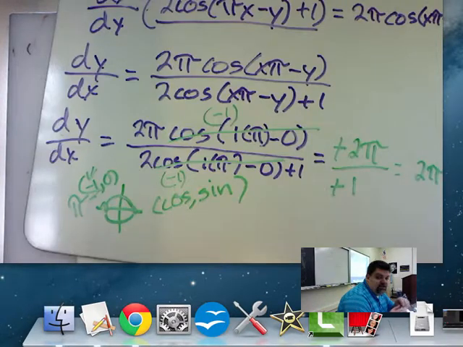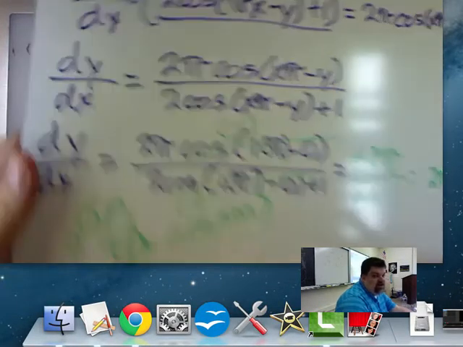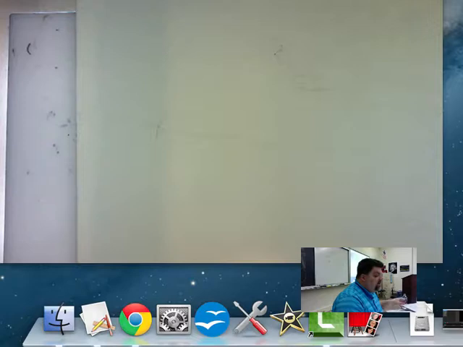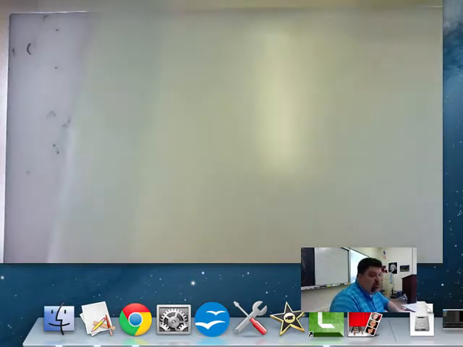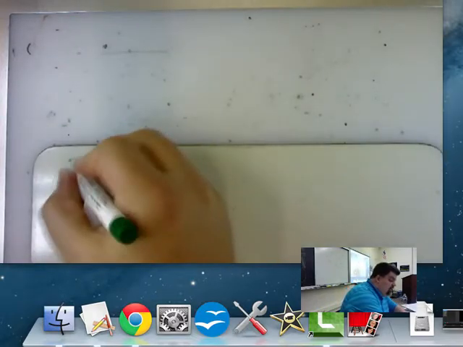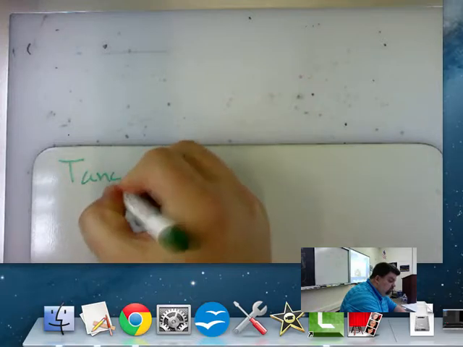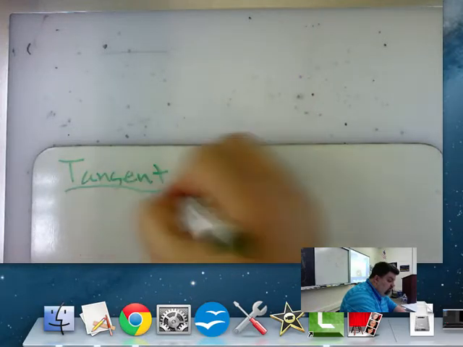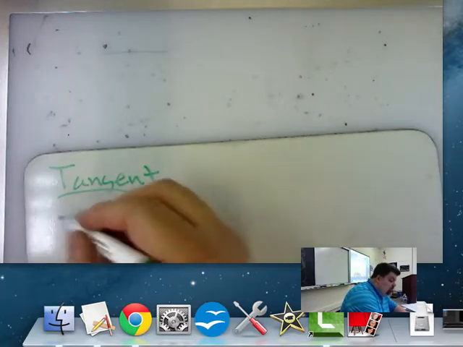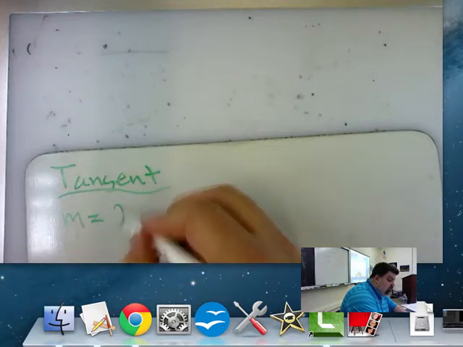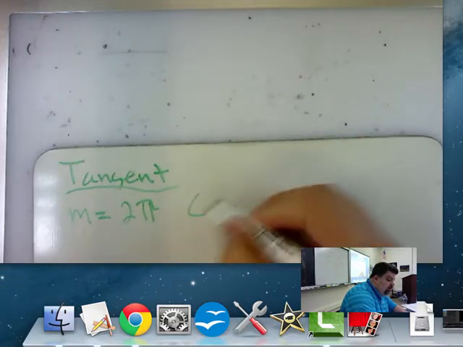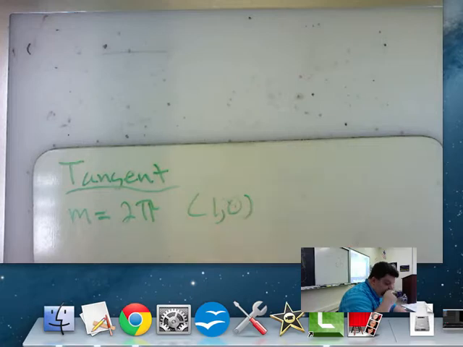So here's the beauty of this thing. What were we supposed to do? Find the tangent and normal. So now that we've got the slope, we've got to write the tangent and normal line. To write the tangent line, I need the slope, which is 2 pi, and I need the point 1, comma 0.